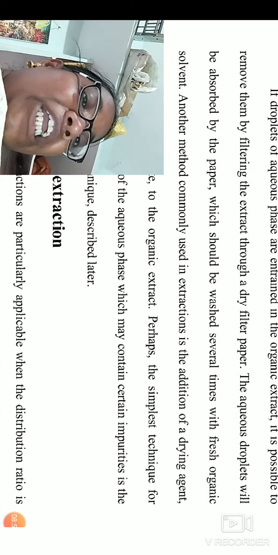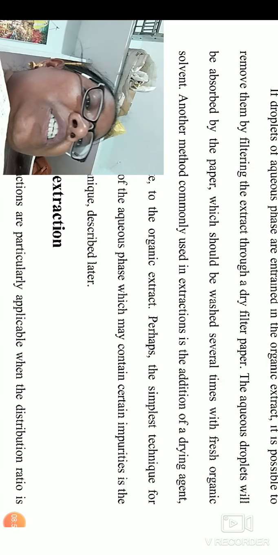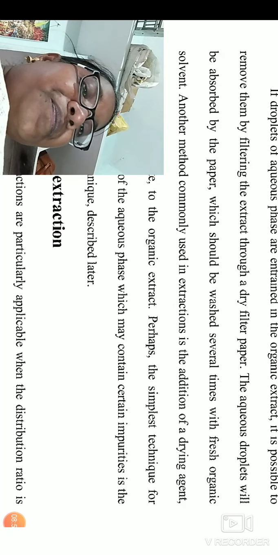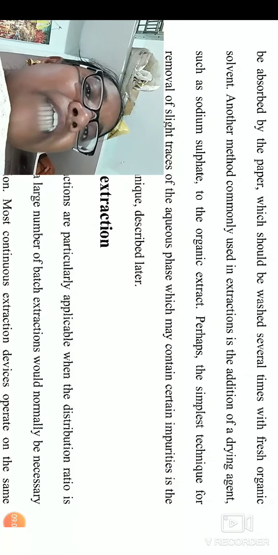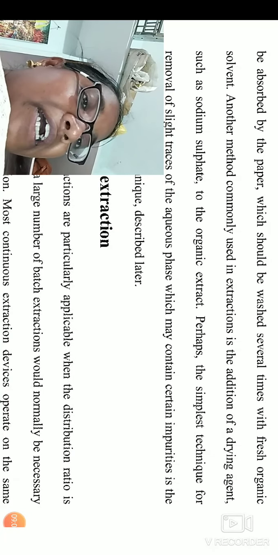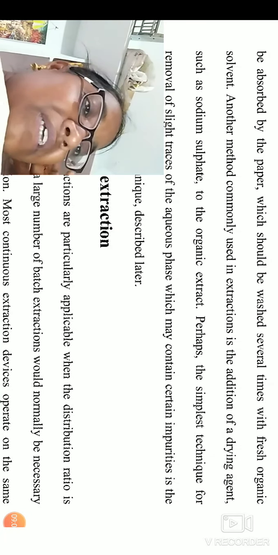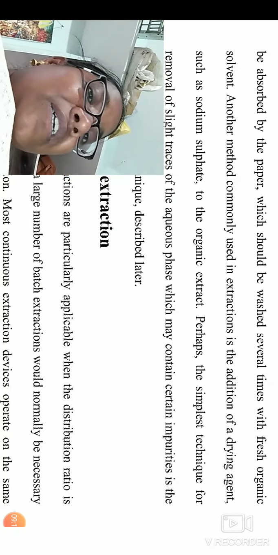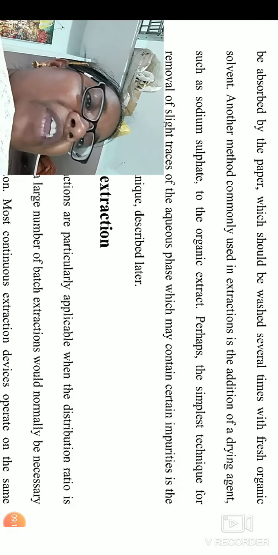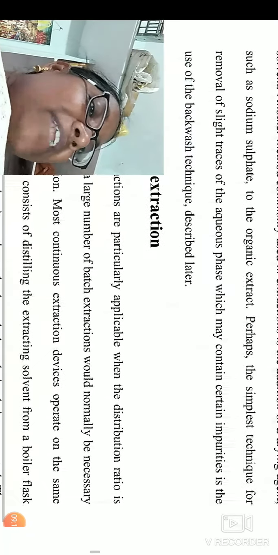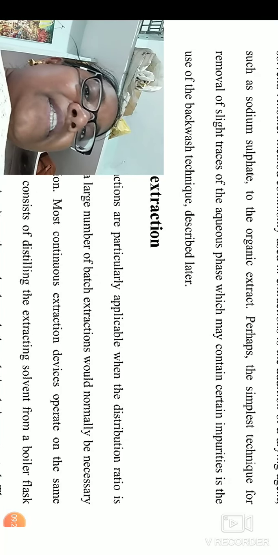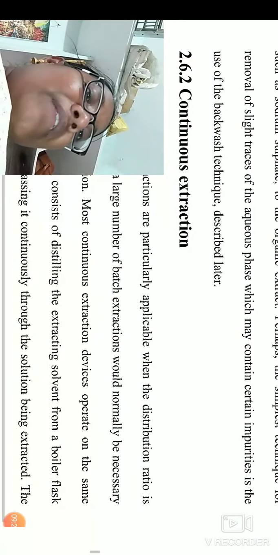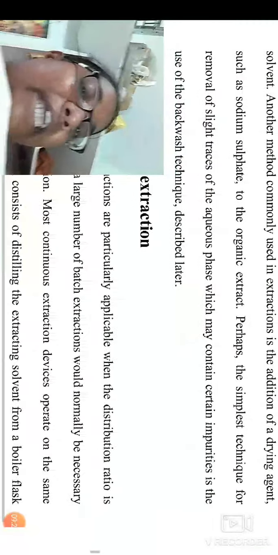Another method commonly used in extractions is the addition of a drying agent such as sodium sulfate to the organic extract. Perhaps the simplest technique for removal of slight traces of the aqueous phase, which may contain certain impurities, is the use of the backwash technique described later. That is batch extraction.